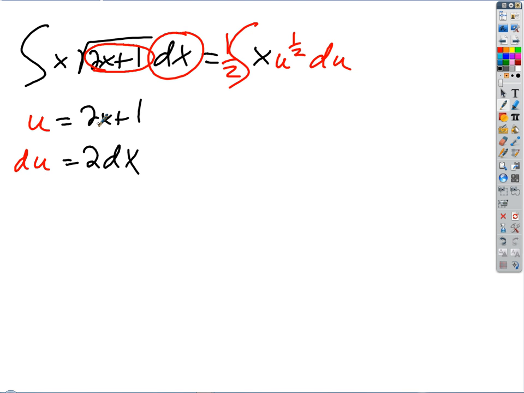It's very simple for us to solve for x in terms of u, right? So if I solve for x in terms of u, what do I get? What do I get after those two steps? U minus 1 over 2, okay.